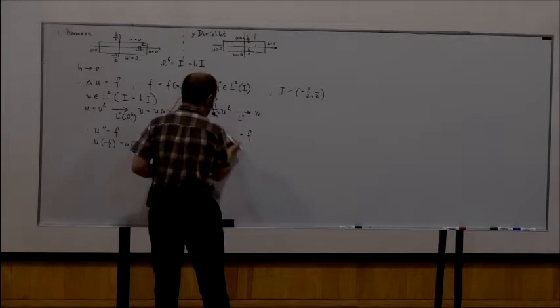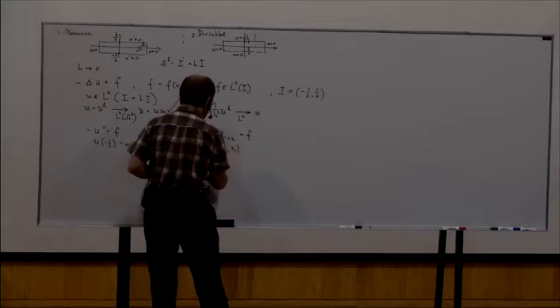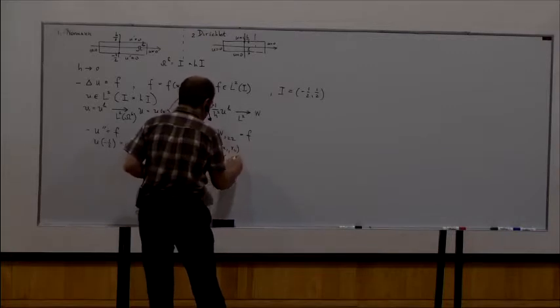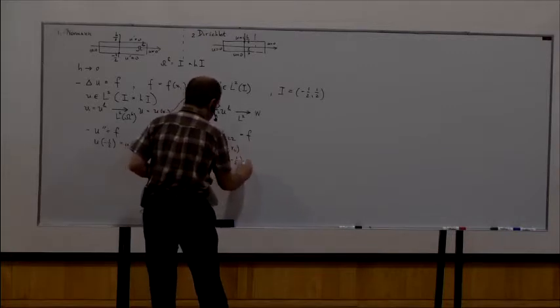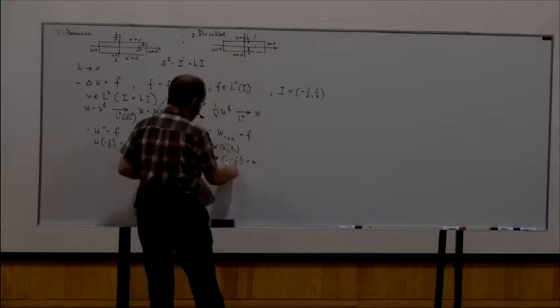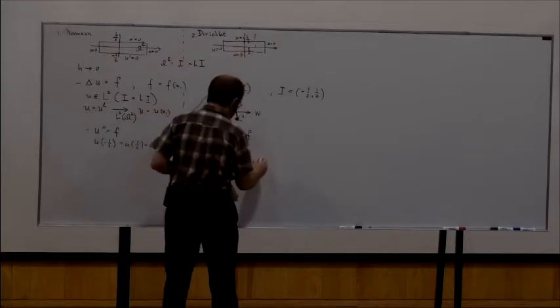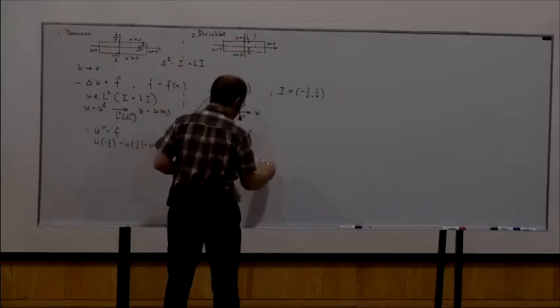So w is a function of x1 and x2, and it satisfies the Dirichlet boundary conditions at these two sides, where we have the Dirichlet condition.